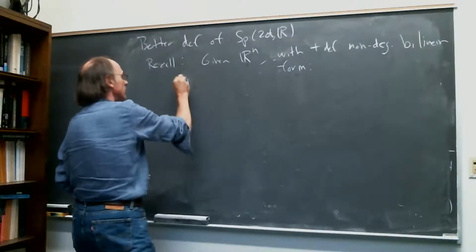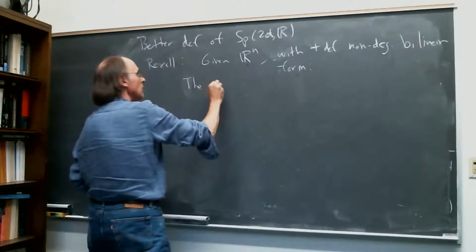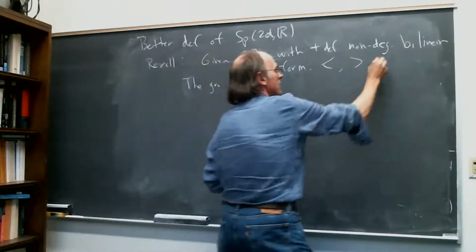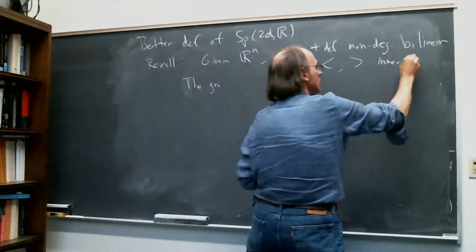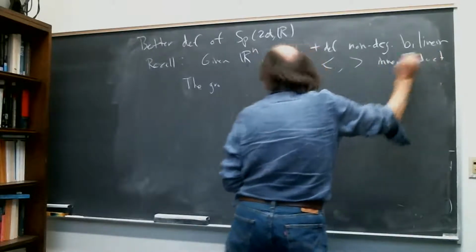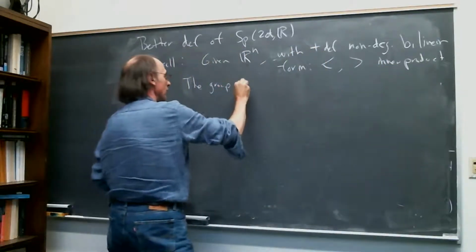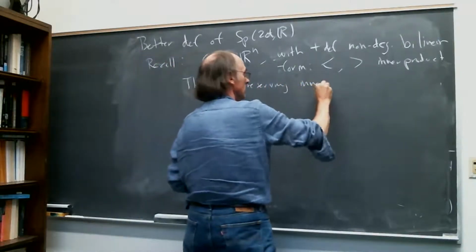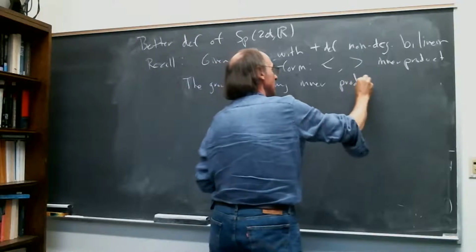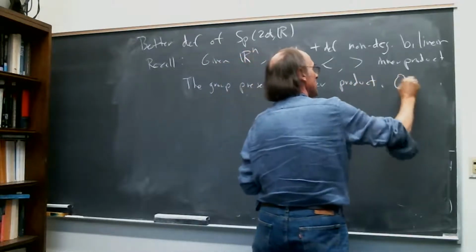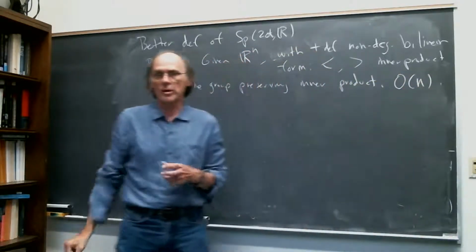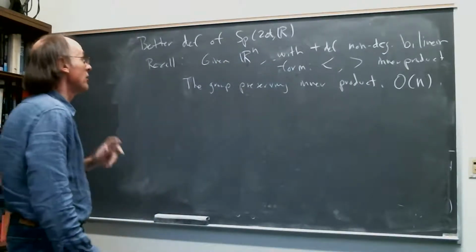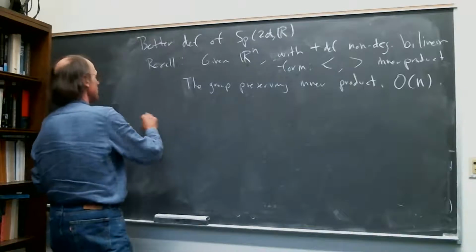So the group preserving the inner product is the orthogonal group, and we talked a lot about that already.